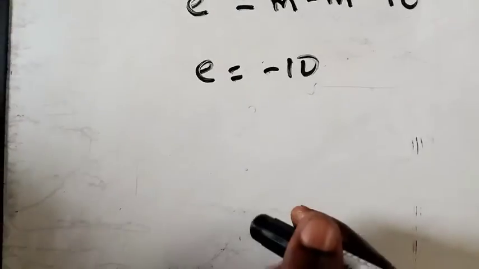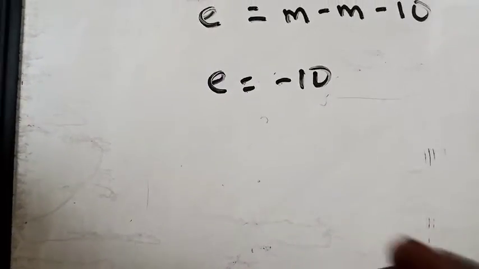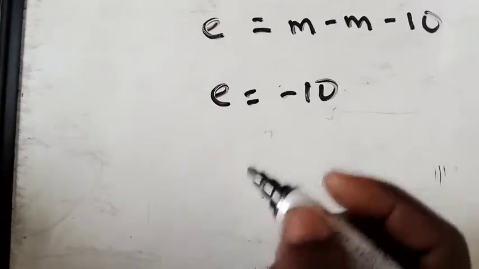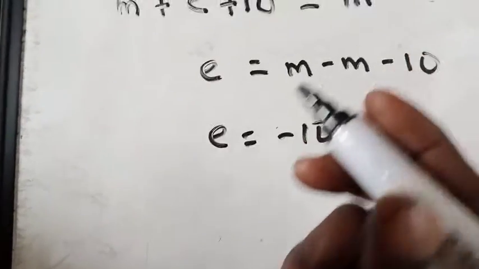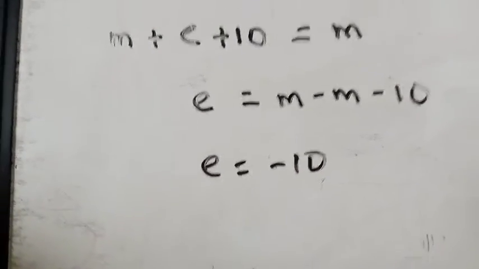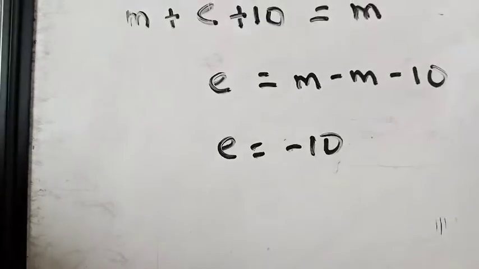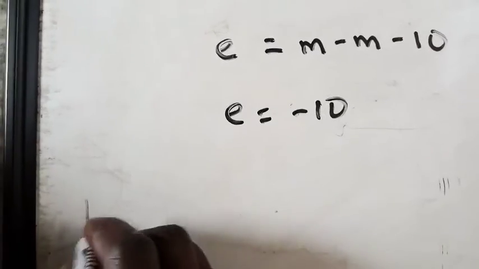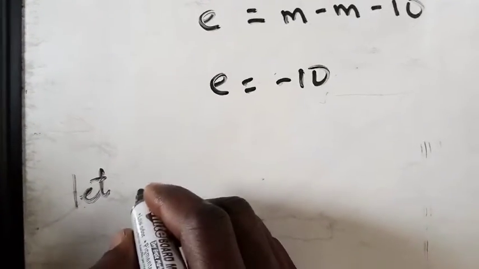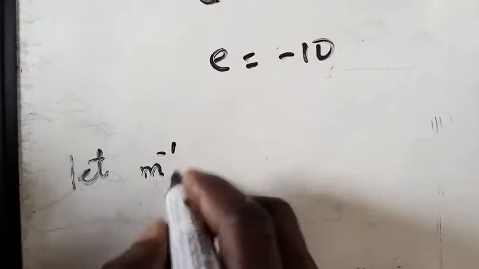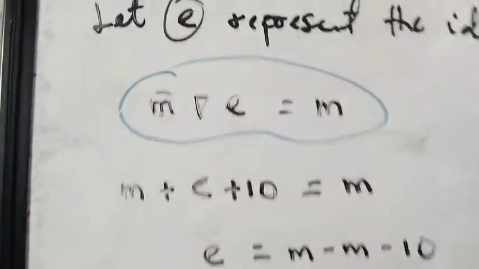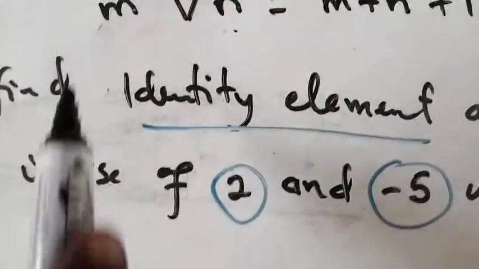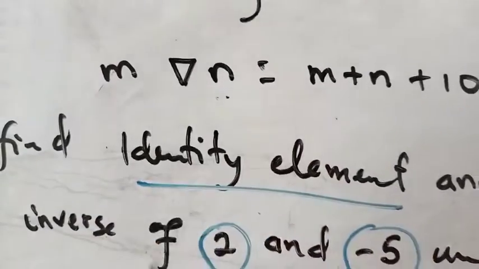Okay. Since we don't know the inverse element here, and we are done with the identity, we want to find the inverse of two elements from the group. We don't know the inverse of them, so we can say that if you don't know something, you can say let M inverse. The letter I'm picking here comes from what they have given me, so we already know that these elements are in the group.